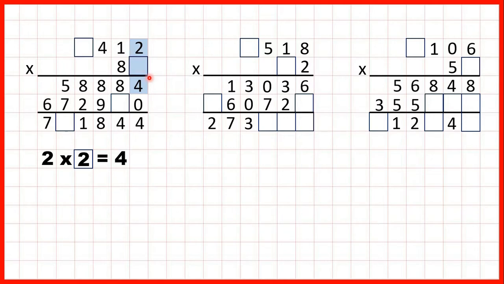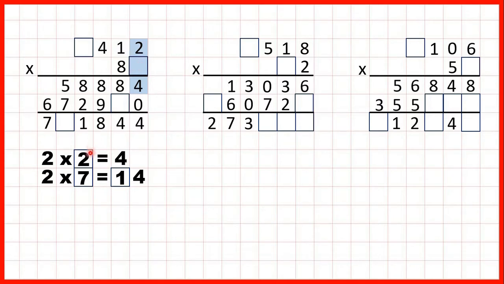But remember, with long multiplication, only the ones digit is written in the answer line, and if there's a tens digit, that's written above. So we could have multiplied 2 by something to get a ones digit of 4. So we could have done 2 times 7 is 14, and then carried the 1. So is this missing box 2 or 7?